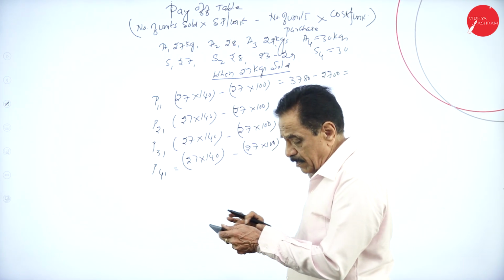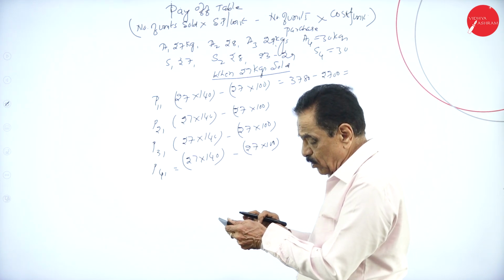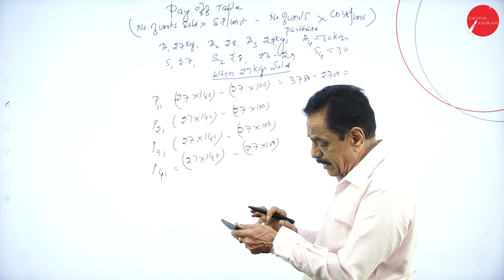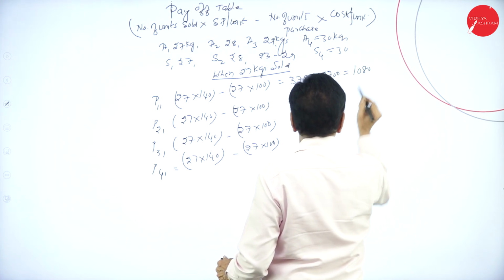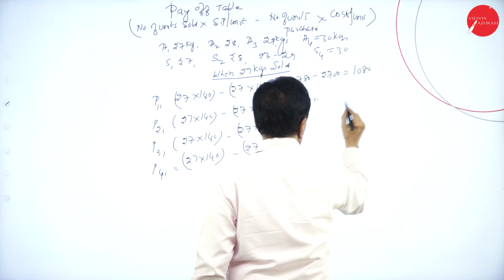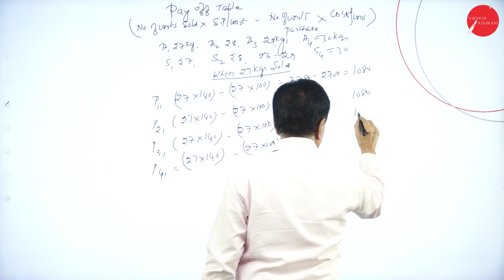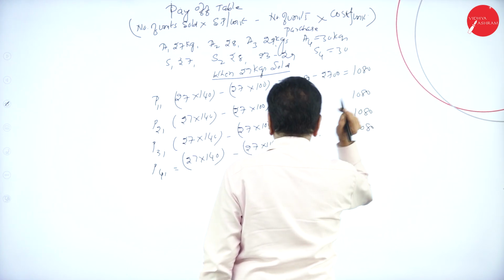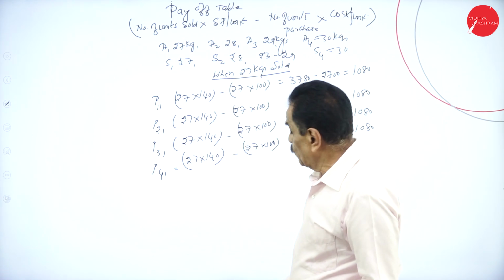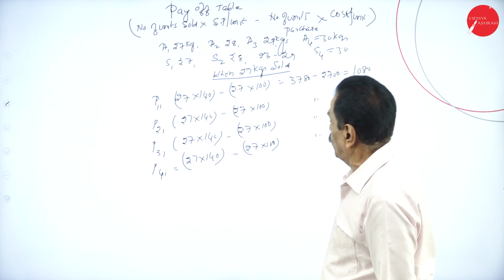Deduct: 3780 minus 2700 is 1080. The same number, 1080, for all four. So this is the case when 27 kgs are sold.